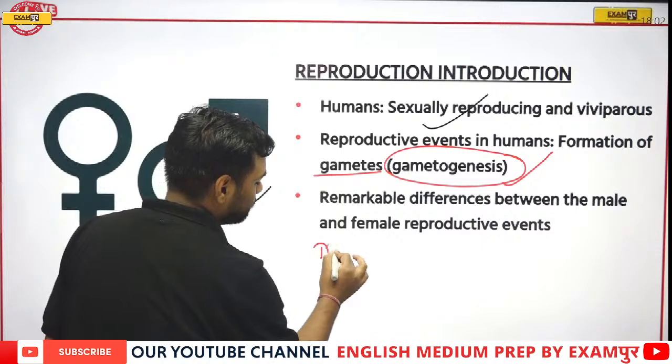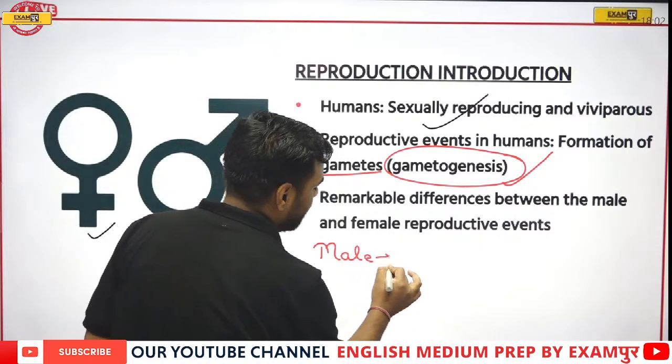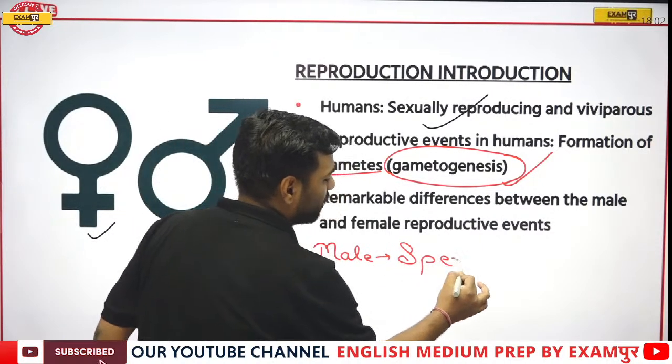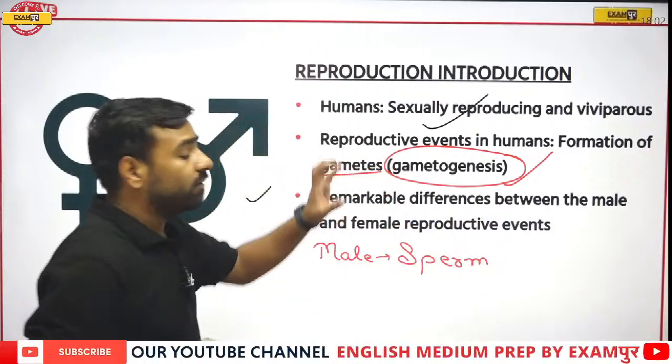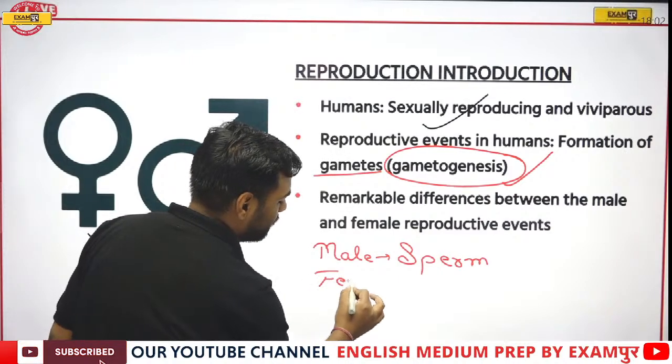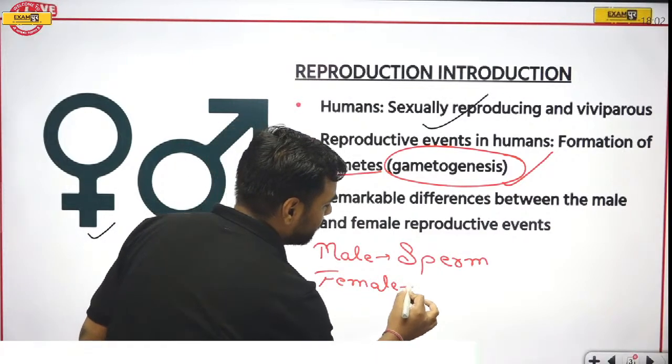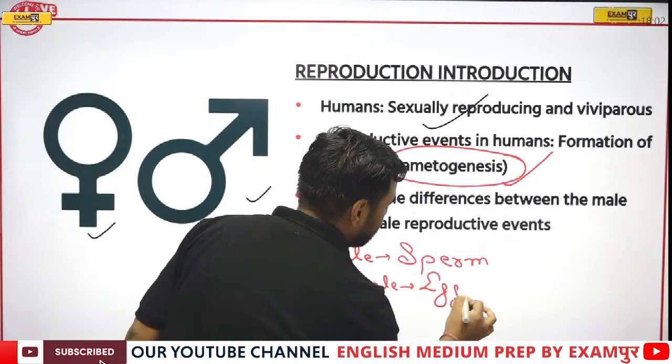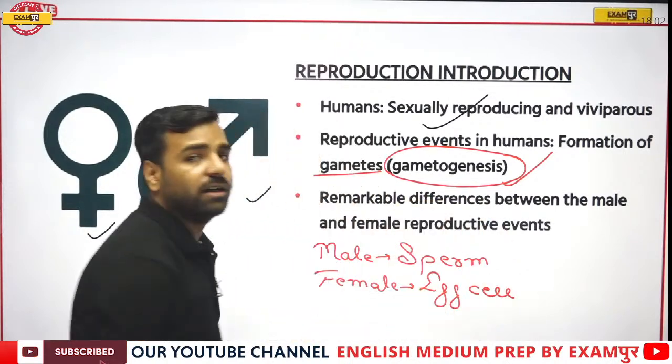For the males, we have the sperm cell, that is, the father from whom the sperm cell came. For the female, we receive the egg cell, that is, we can discuss the ovum over here.